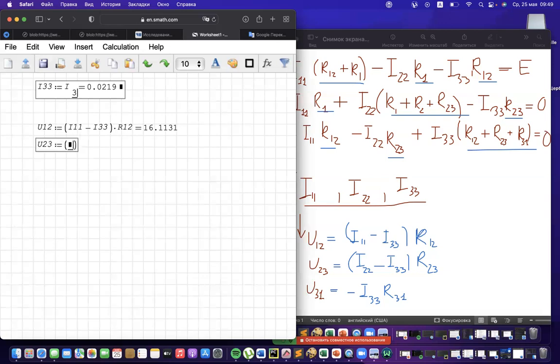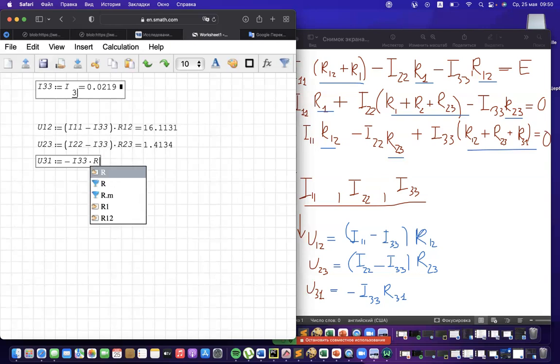V23 equals I22 minus I33 on R23, about 1.5 volts, and V31 equals minus I33 multiplied by R31. Here it is, minus 17.5 volts.